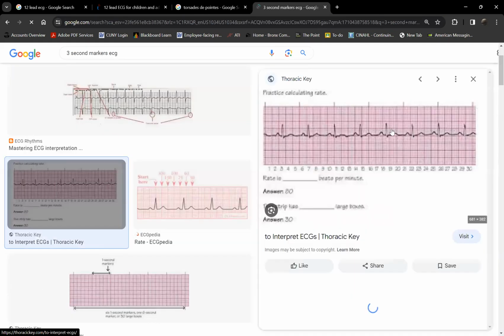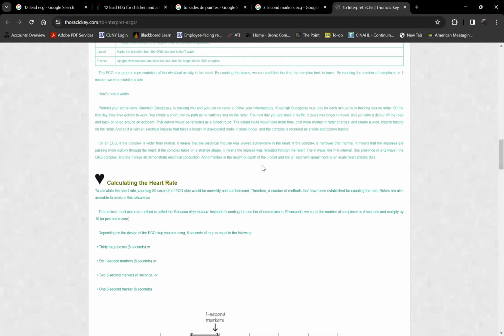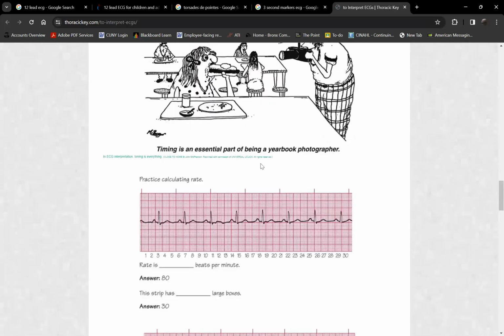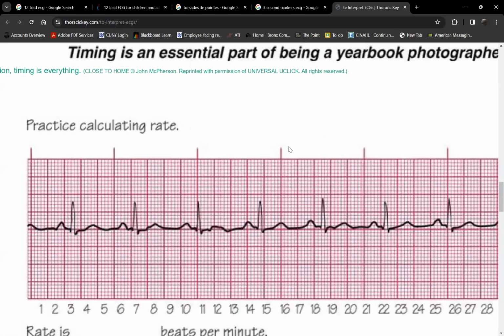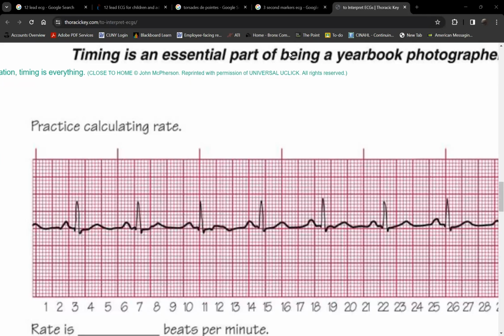A strip will have markers on top like this. See these lines on top? Those are 3-second markers.